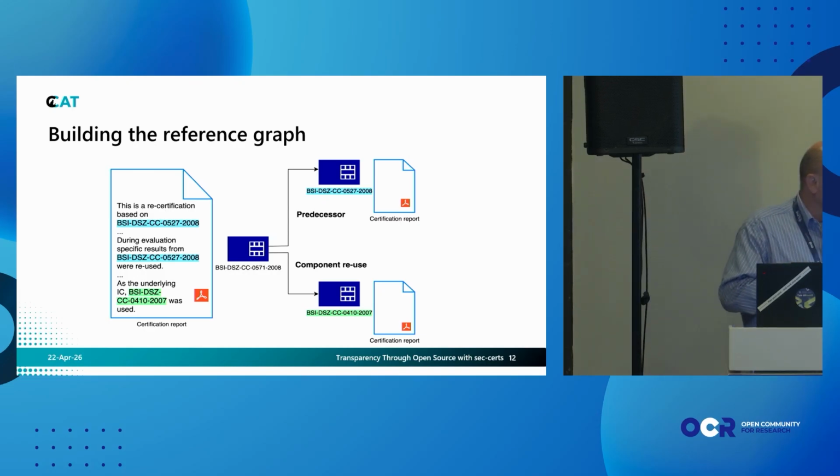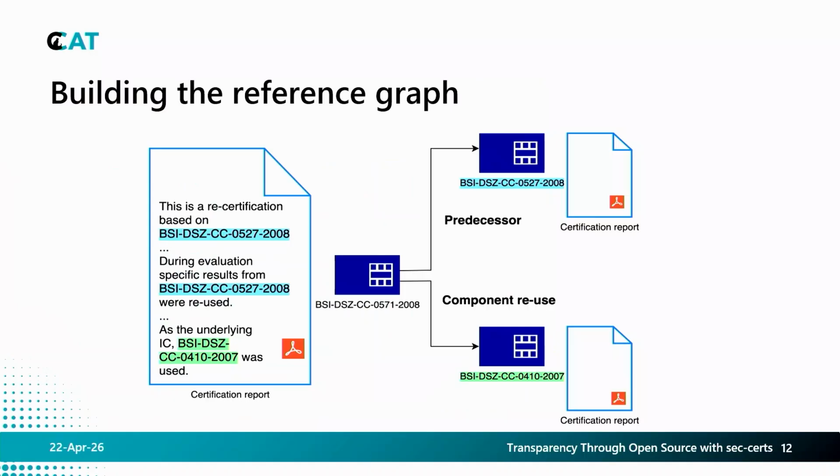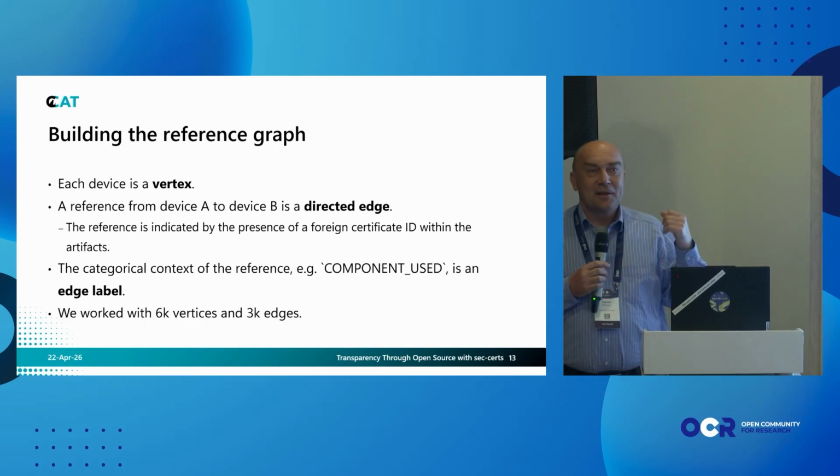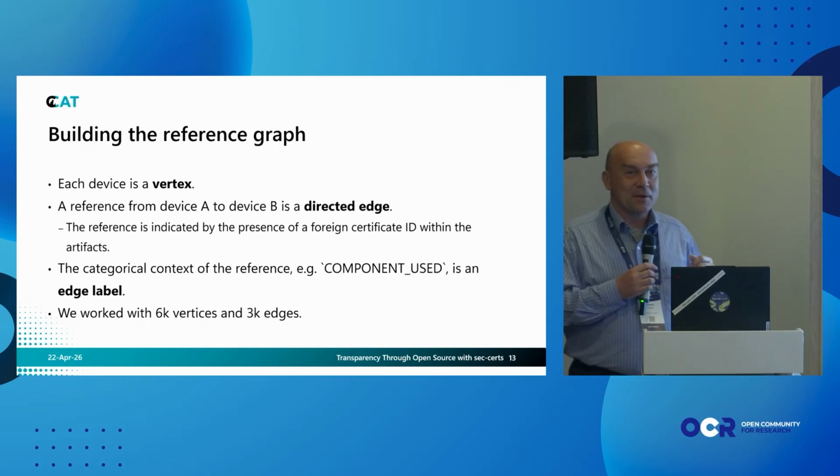And it also is using a particular integrated circuit that was certified in another certification process. So you have 2 kinds of dependencies: predecessor dependency or component reuse dependency. You should not worry about these dependencies anymore. Let me try to impress you with this particular graph that will come in a minute.